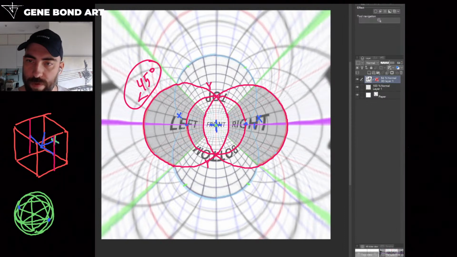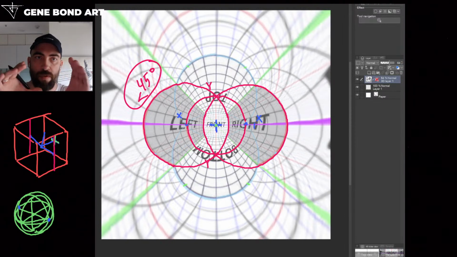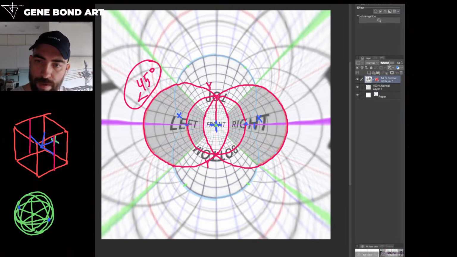So we have this circle like in a 5-point perspective, like we usually have. And now we have two circles, bigger in size, for the 45 angle, like in a 5-point perspective.